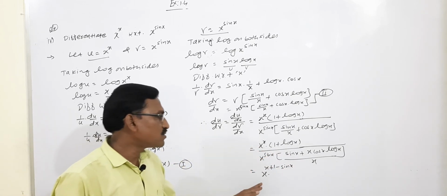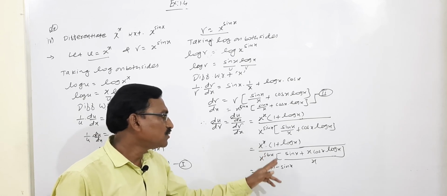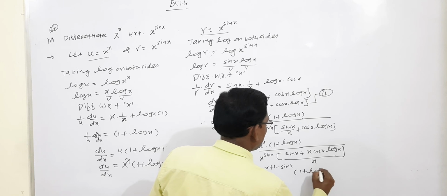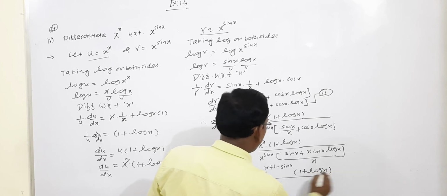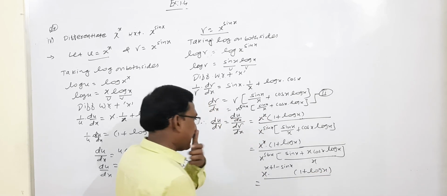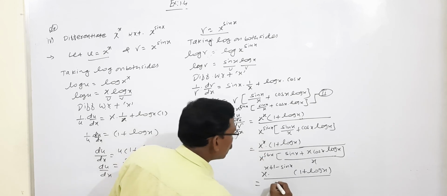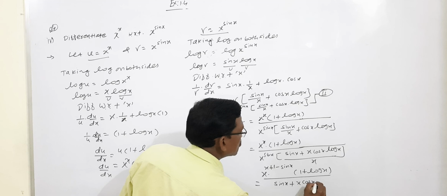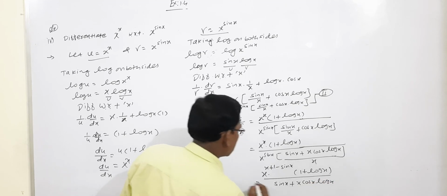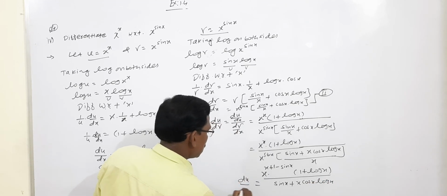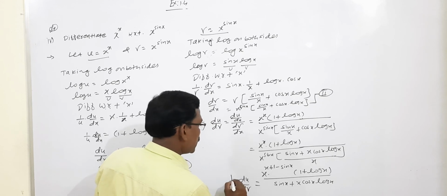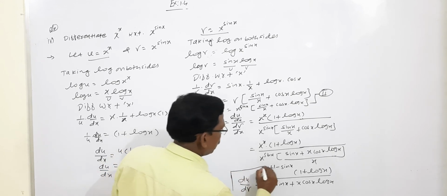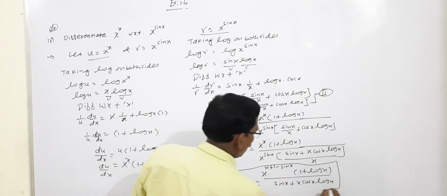That's why we write x to the power x plus 1 minus sin x into 1 plus log x divided by, only in the denominator, sin x plus x cos x into log x, and this is du by dv, meaning the derivative of u with respect to v.